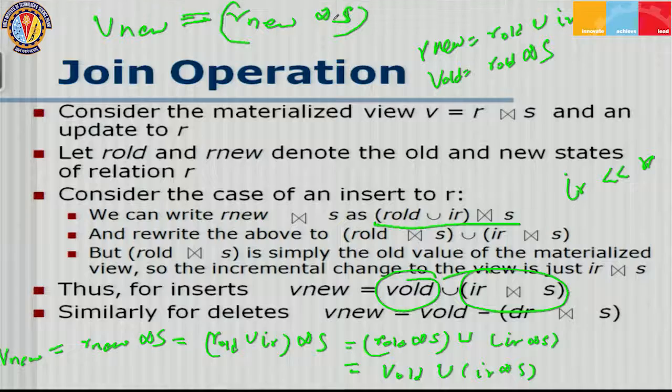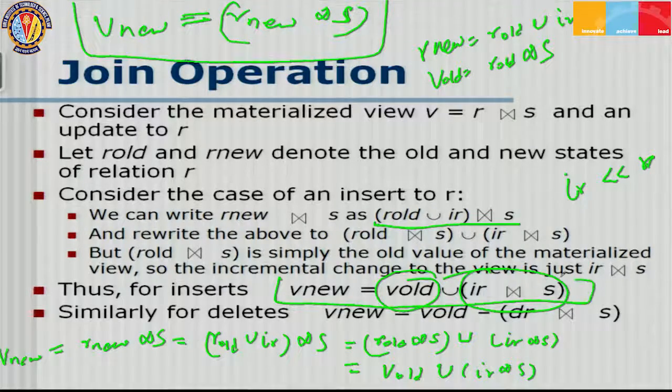So this V new here that I've written on top is much more expensive than the V new that we have defined here in this box at the bottom, right? So we save a lot of computation time, or a lot of computations by doing this.